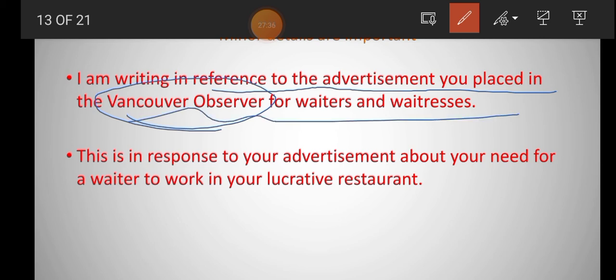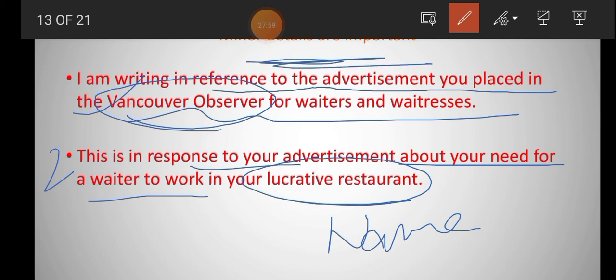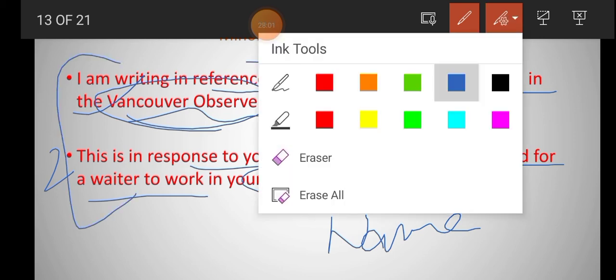It's important to give minor details, like the name of the newspaper. The next one is, this is in response to your advertisement, your need for a waiter to work in a lucrative restaurant, and the name of the restaurant is given. So it makes a good impression if you provide minor details in your letter.